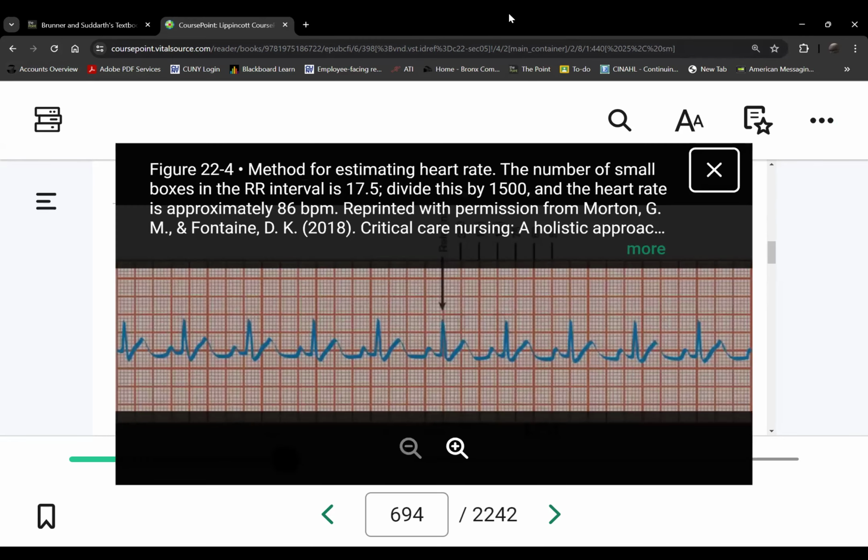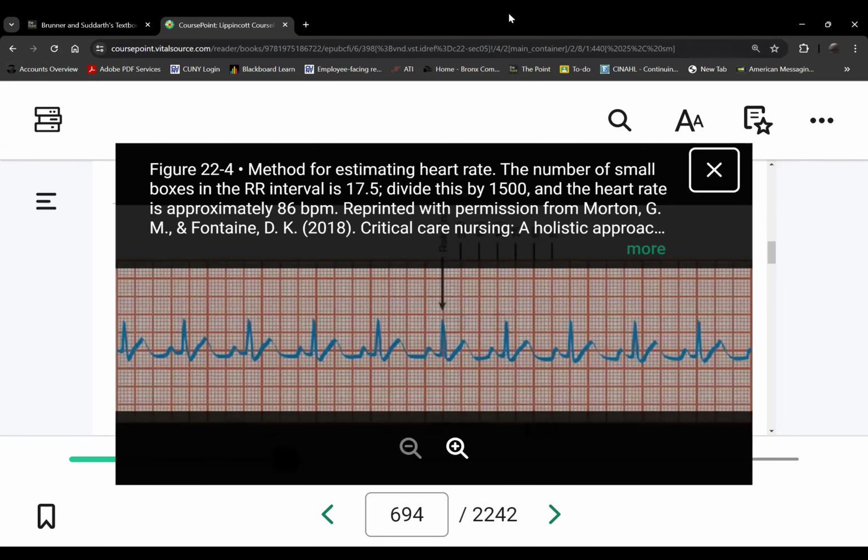Now every ECG paper has big boxes and small boxes, yeah? So to apply the three methods, let's just do the most practical way.